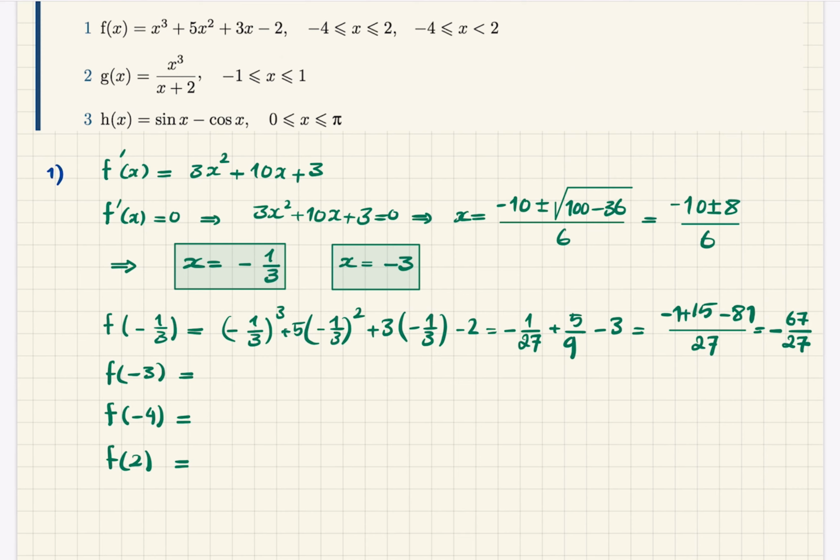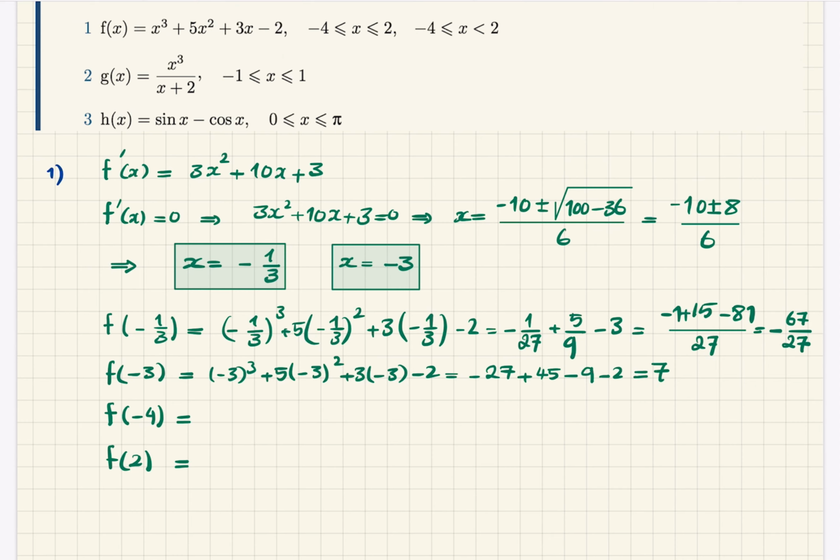And then I go to minus 3, so it's minus 3 to the power 3. It doesn't matter, you can just punch it in your calculator, that's not the important thing. So it becomes minus 27 plus 45 minus 9 minus 2. So how much is that? It is 7, yes?